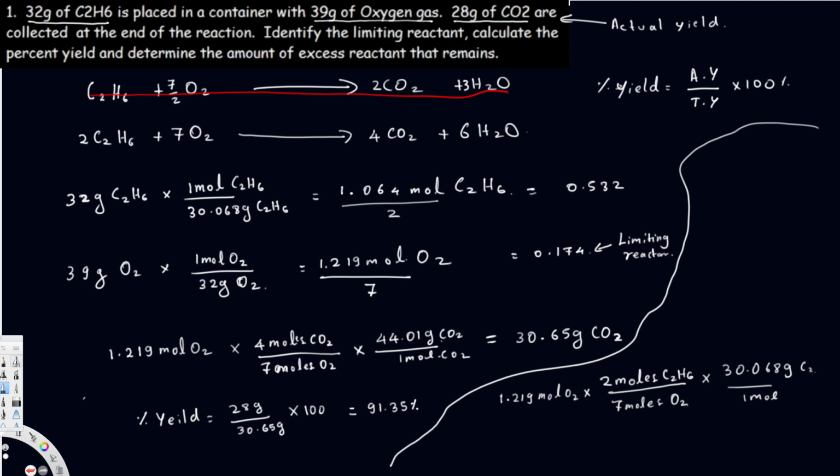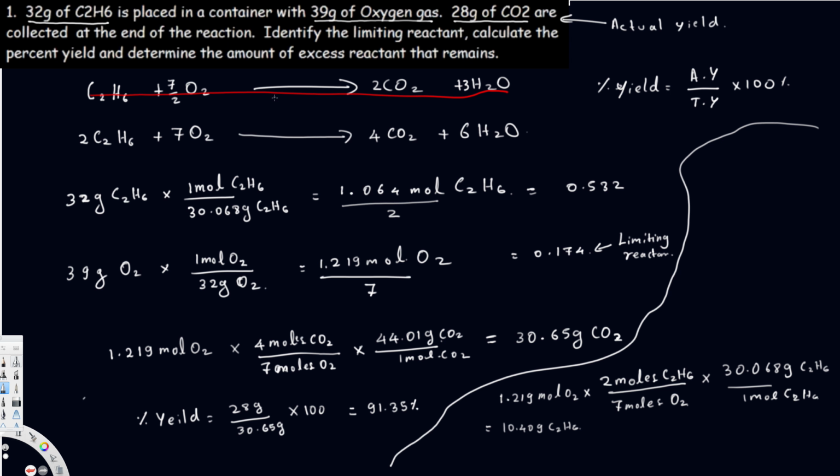So this is our molar mass of C2H6, and if you calculate this, you will get 10.40 grams of C2H6. So if you use 32 grams of oxygen gas, 10.4 grams of C2H6 will be used. These values will be used during this reaction.